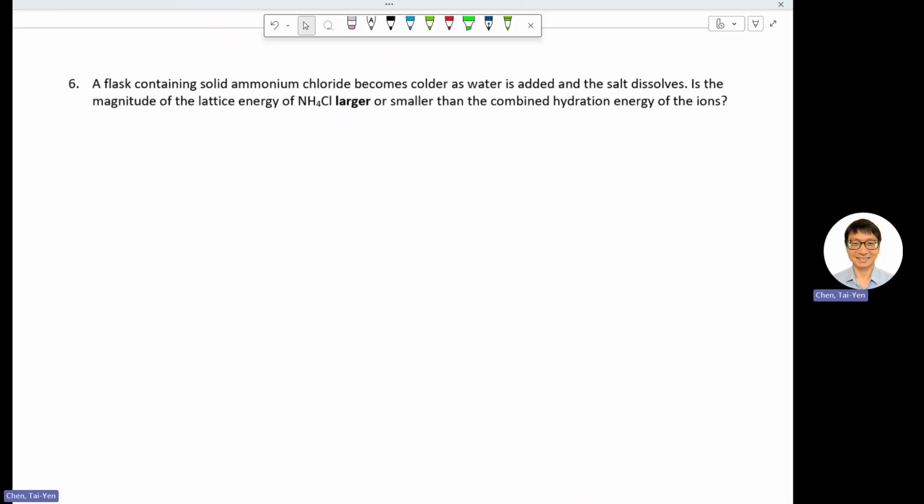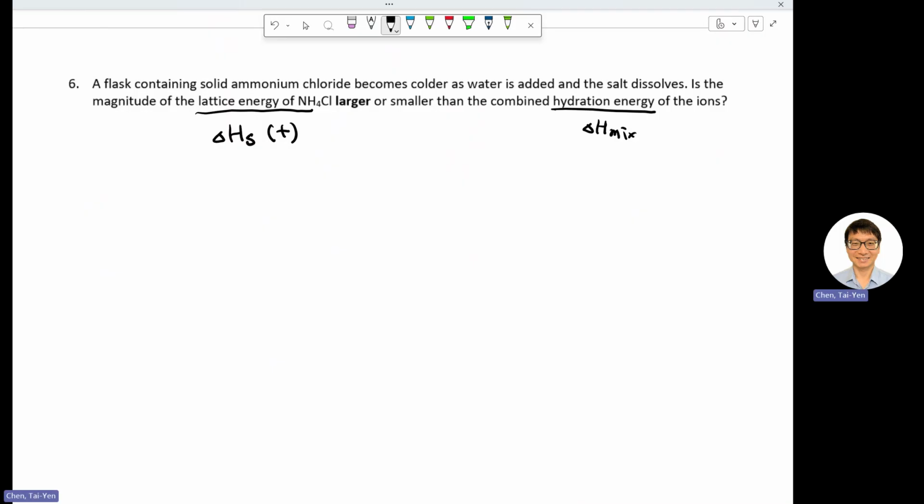Is the magnitude of the lattice energy of ammonium chloride larger or smaller than the combined hydration energy of the ions? Here, the keywords are these two, because the lattice energy, we know, is delta H solute, which is always positive. Hydration energy is your delta H mixing.